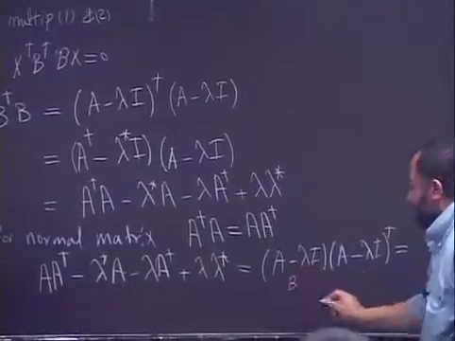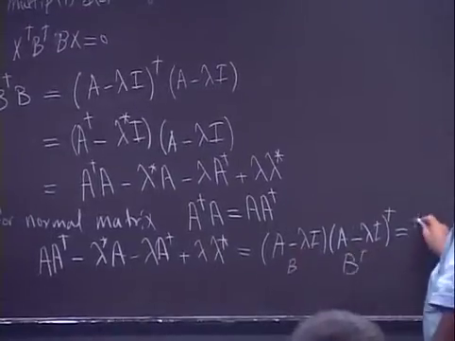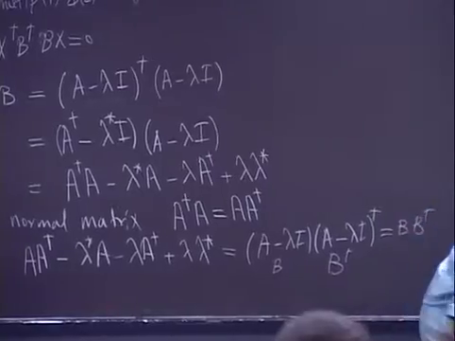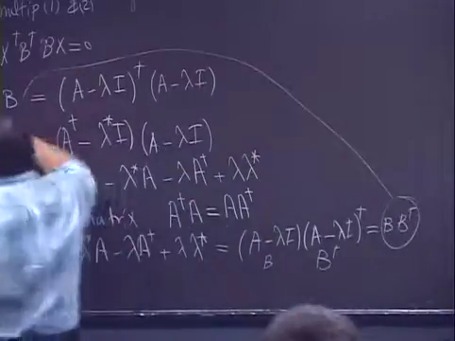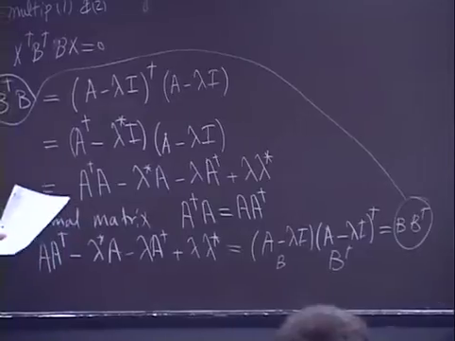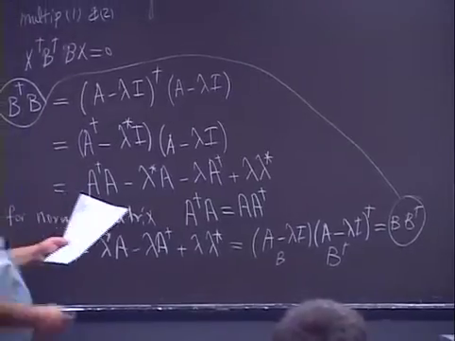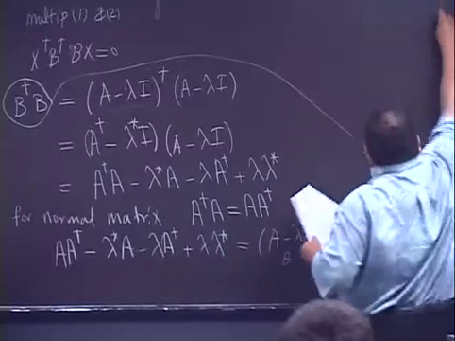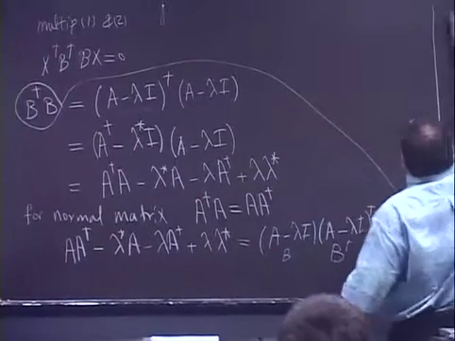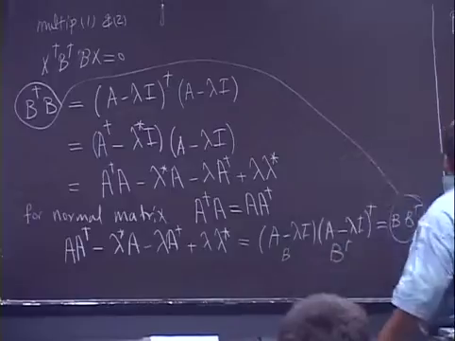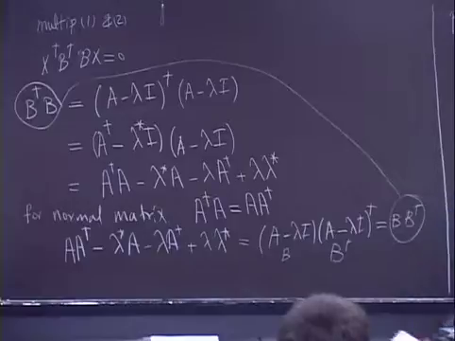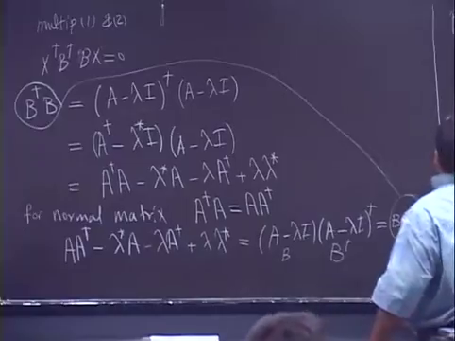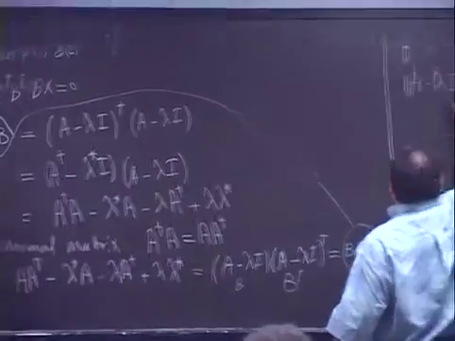This is B, and this is B dagger. So we reach B dagger B equal to B B dagger. What does it mean? It means that B is a normal matrix. So B is also normal.